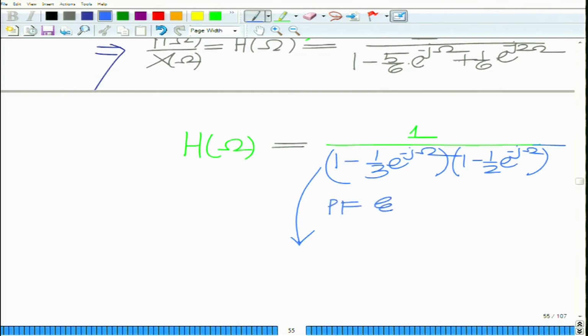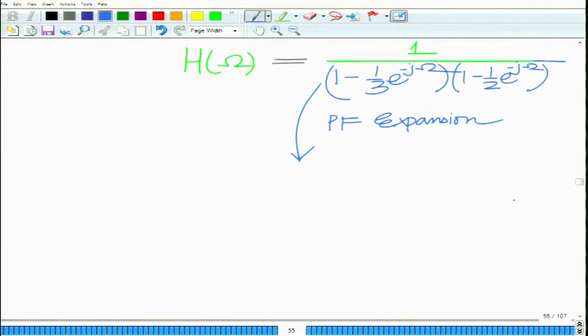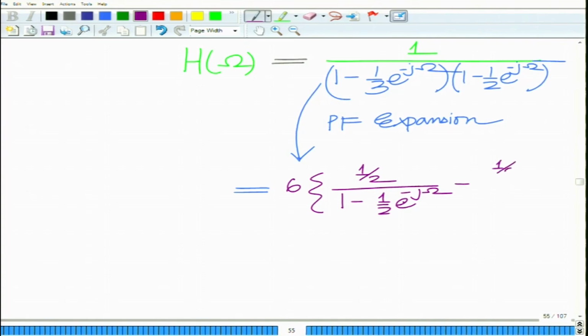Use the partial fraction expansion, and this gives you something very simple. This is 6 times, half over 1 minus half e raised to minus j omega, minus 1/3 over 1 minus 1/3 e raised to minus j omega.